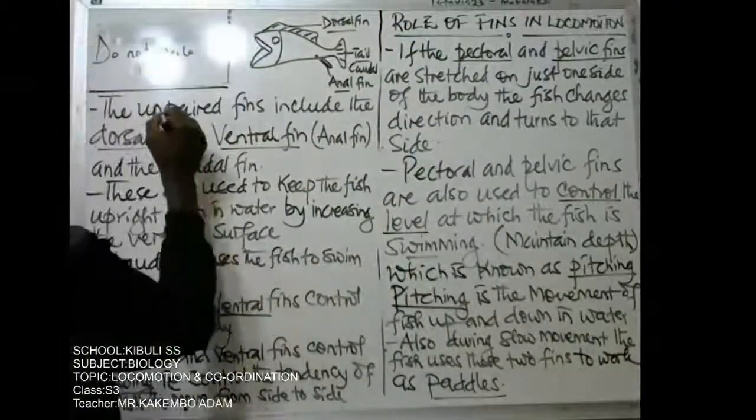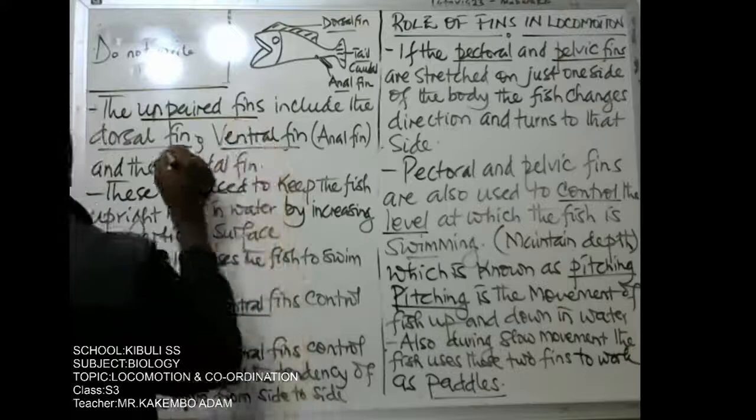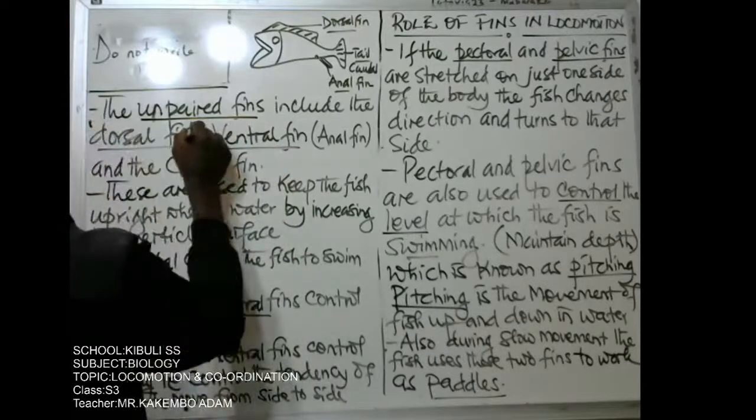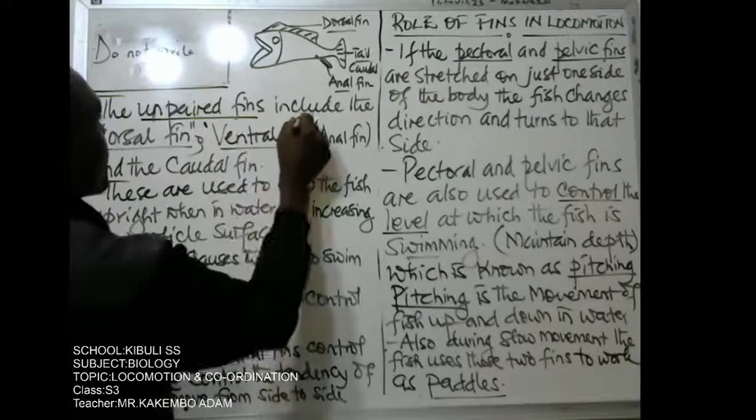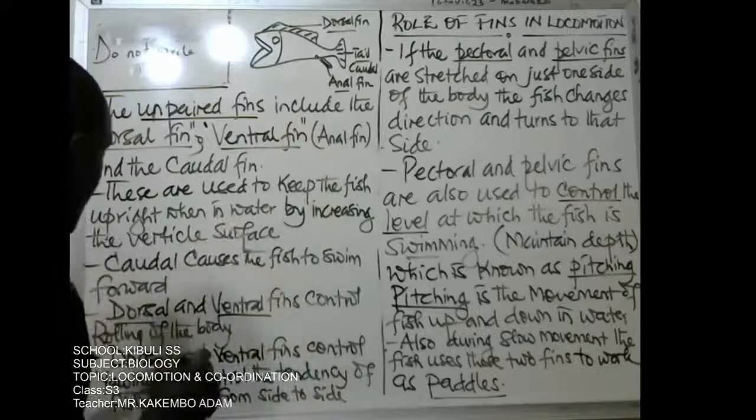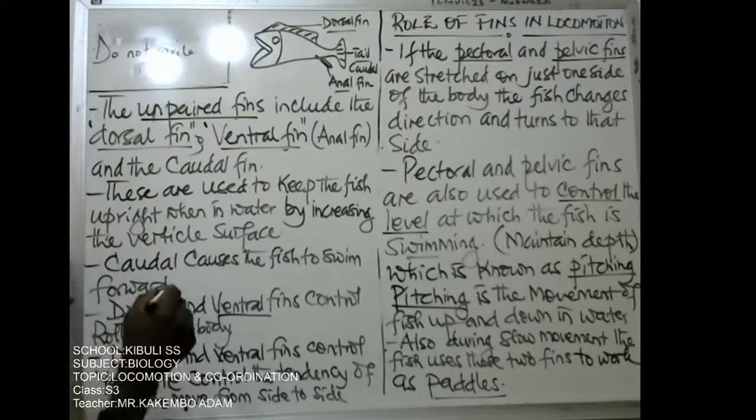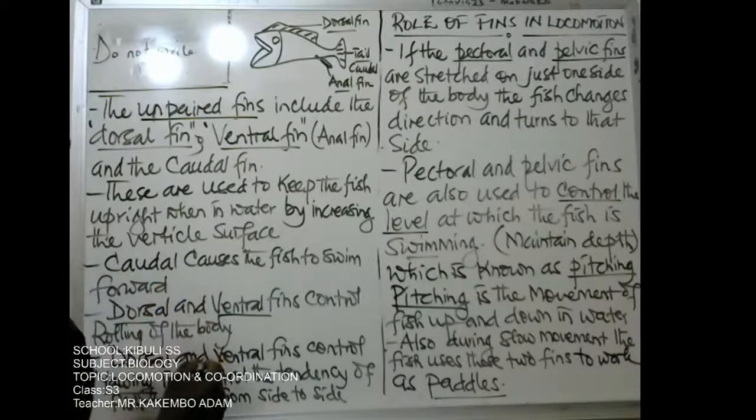Then the unpaired fins, we have identified them as the dorsal fin and ventral fin. These ones we have said prevent rolling and yawing. They control these unstable movements. So you take note of the unstable movements: rolling and yawing.